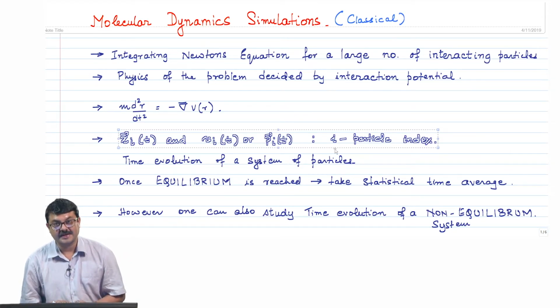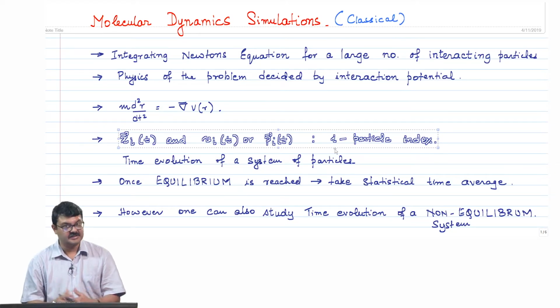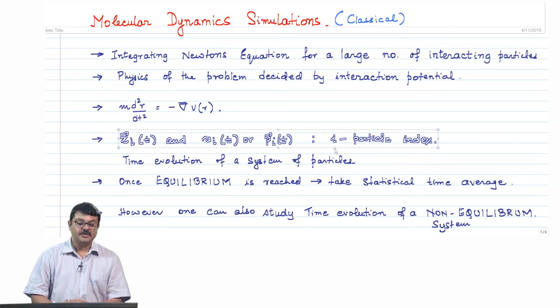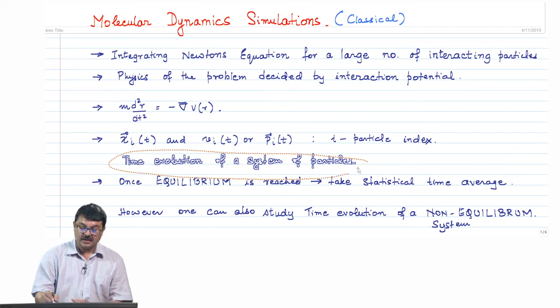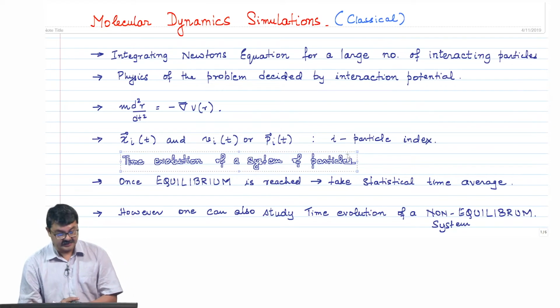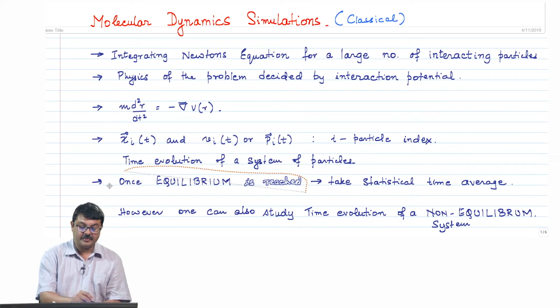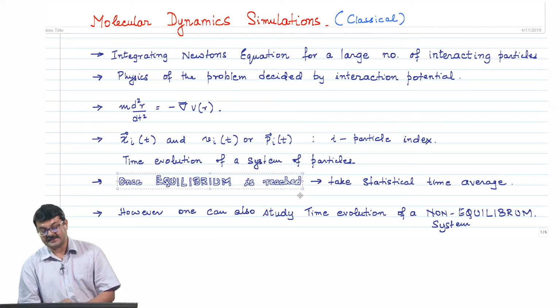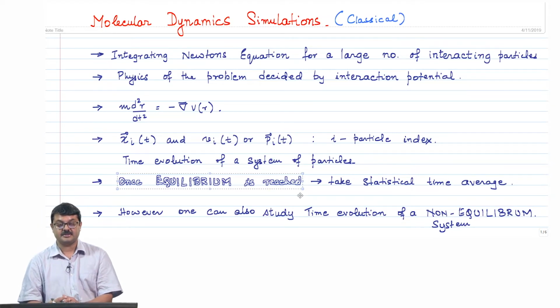Of course, you are not looking at just one particle, but you have a bunch of particles interacting with each other, right. So, in molecular dynamics simulations, you are essentially looking at the time evolution of a system of particles, and if you are doing statistical physics, then once equilibrium is reached, you can take the statistical time average. So, here you are basically taking a time average in molecular dynamics simulations.